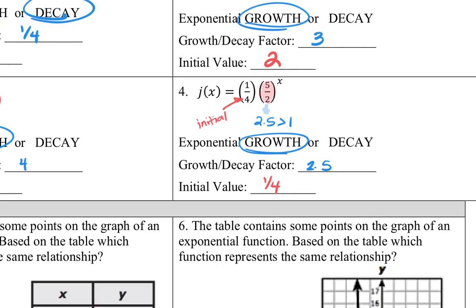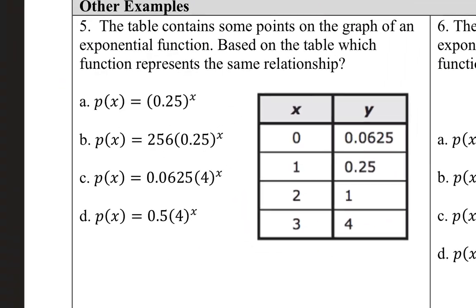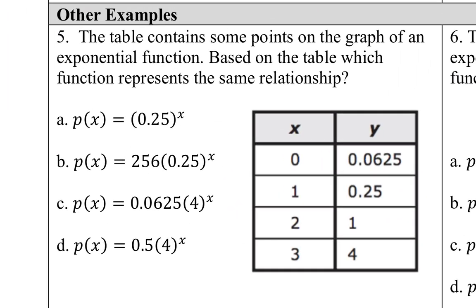All right, so here we are. Yesterday we looked at a table. It says the table contains some points on the graph of an exponential function. Based on the table, which function represents the same relationship? What is your initial value? 0.0625, right? It's always the one with the 0. It's this pair that you look at.